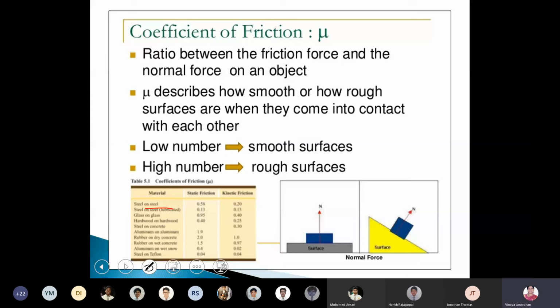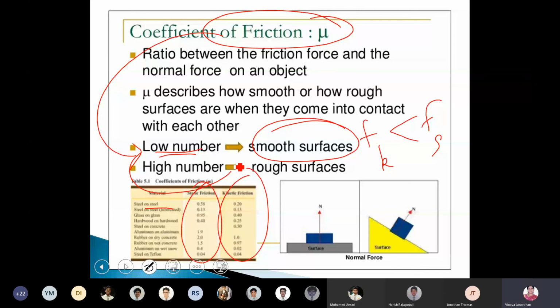For various materials, the value of mu tells you that if the value of mu is lower, then both surfaces are smooth enough. If the value of mu is more, then it indicates a rough surface. So this is very, very important in the concept of friction.